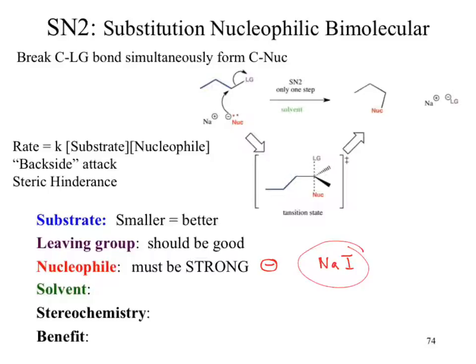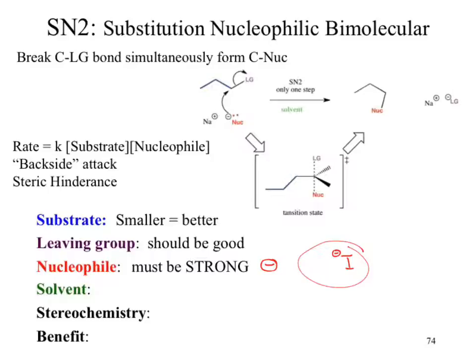There's a reason we talked about bonds and their interactions. When we write out NaI, everybody goes, oh, there's no negative charge. That's an ionic bond. What you should immediately do when you see that compound is ignore the sodium and put the negative on the iodide. We now have a negative charge. That is a formal negative, a strong nucleophile. Solvent.